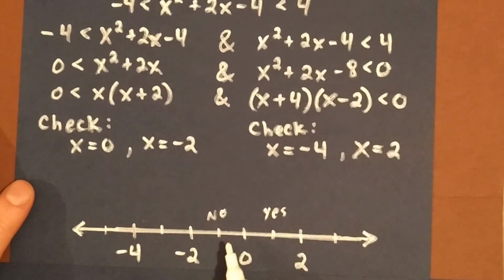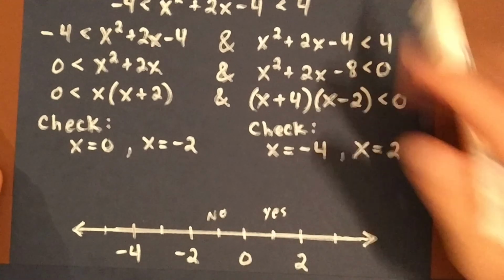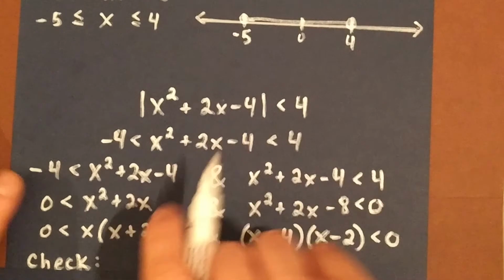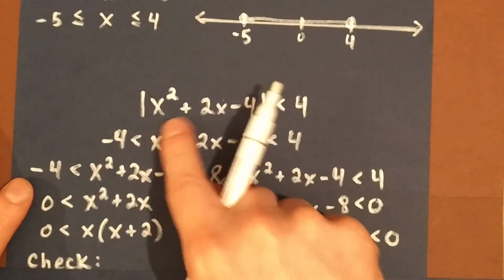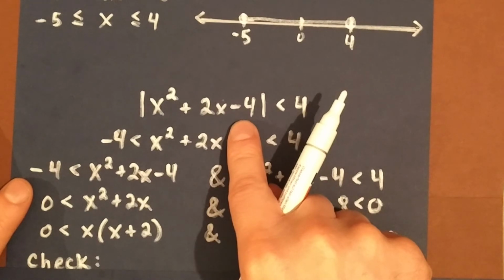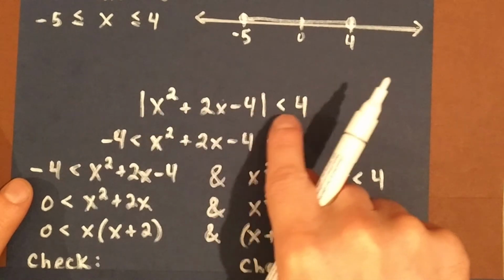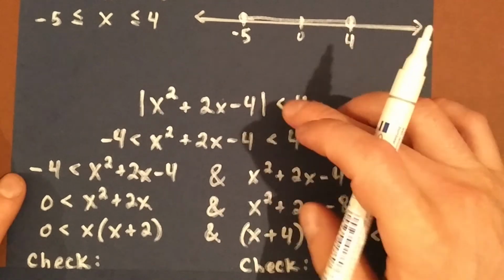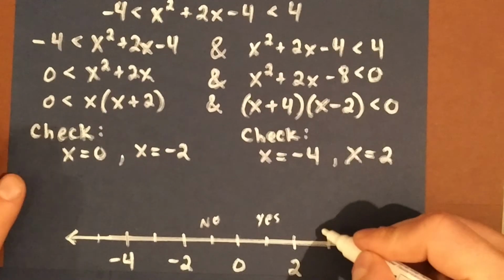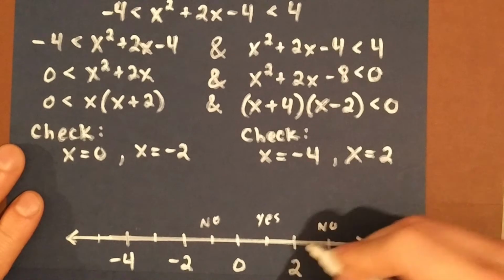So the numbers in between here do not work. Let's check 3. What do we get? 9, and that's 6, and 9 plus 6 is 15. Minus 4 is 11. The absolute value of 11 is 11, which is not less than 4. So this is also a no over here, and that's for all the numbers to the right.